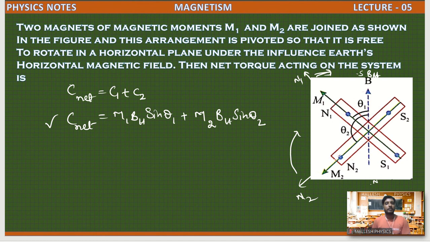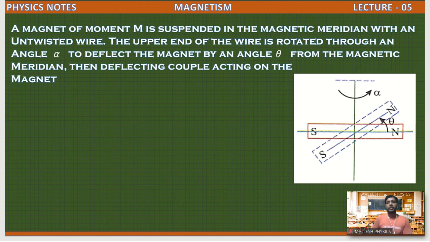Next one: a magnet of moment capital M is suspended in the magnetic meridian with an untwisted wire, and the upper end of the wire is rotated through an angle alpha to deflect this magnet by an angle theta from the magnetic meridian. Then what is the deflecting couple acting on the magnet? Initially this magnet is along the direction of the horizontal component of Earth's magnetic field.